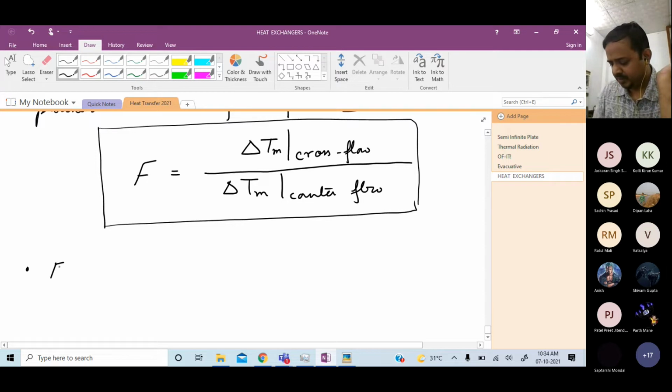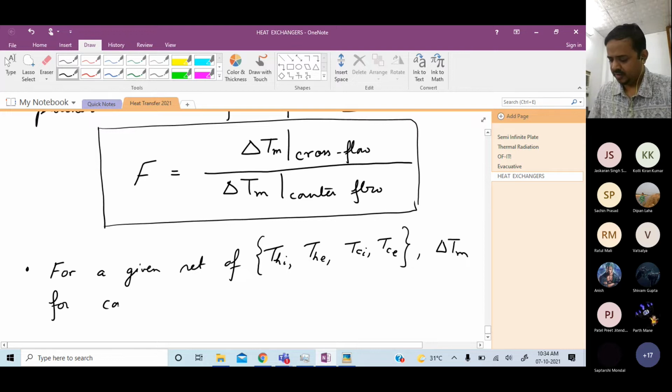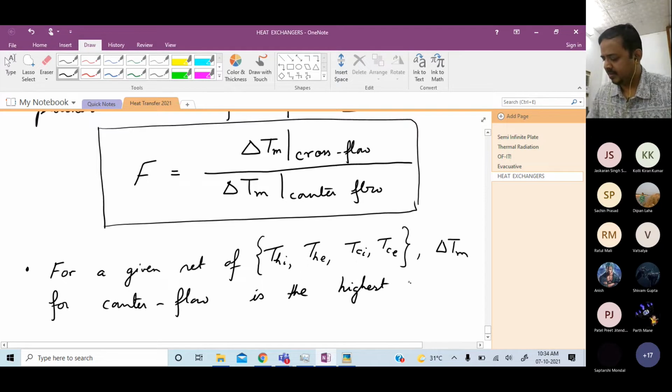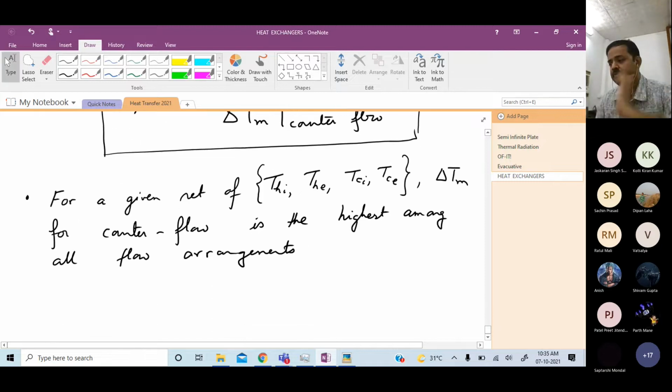For a given set of PHI, PHE, PCI, and PCE, the delta Tm for counter flow is the maximum, or the highest, among all flow arrangements. Please keep this in mind. This is true.